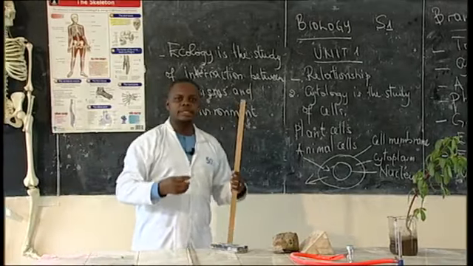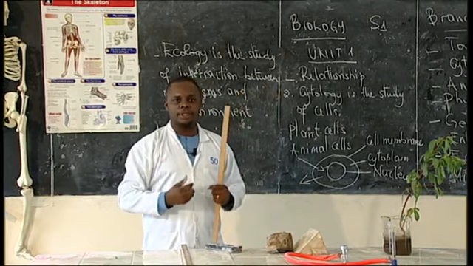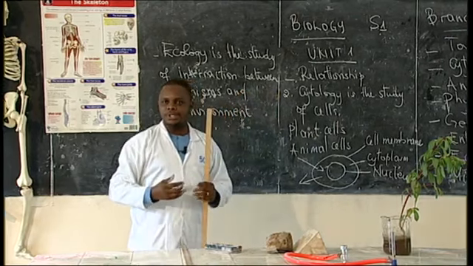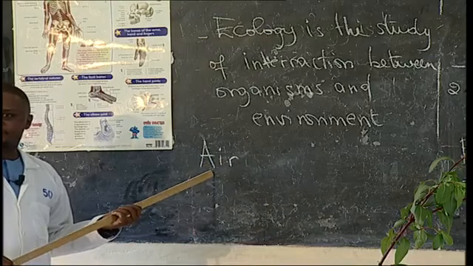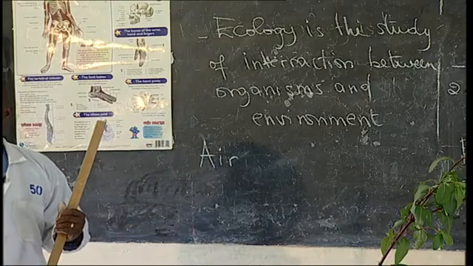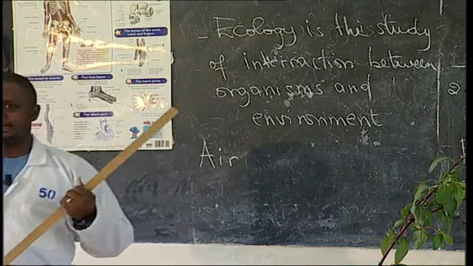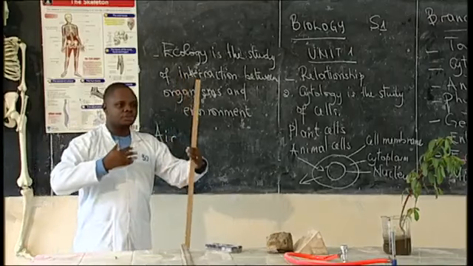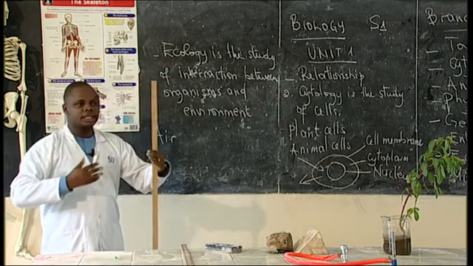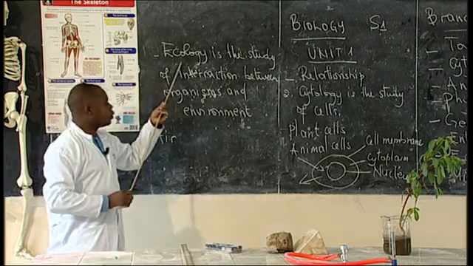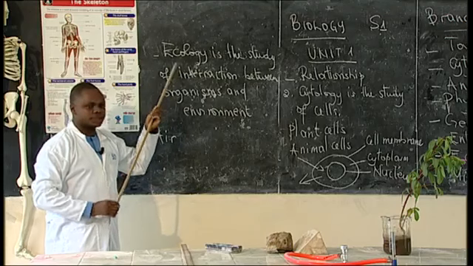How do animals interact with environment? They need oxygen from the air. They give out carbon dioxide, and that carbon dioxide is needed by plants. So that interaction between organisms and the environment is what we learn in ecology.